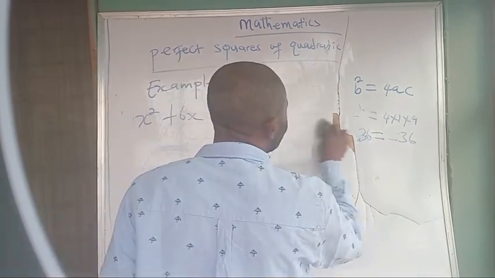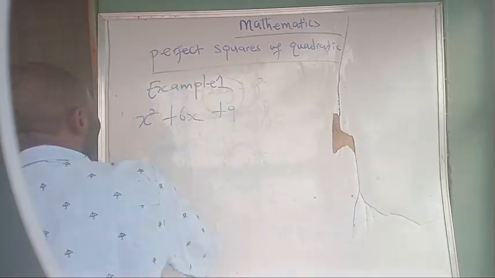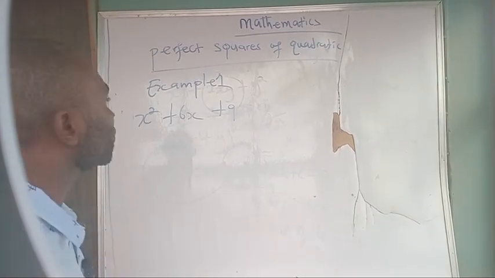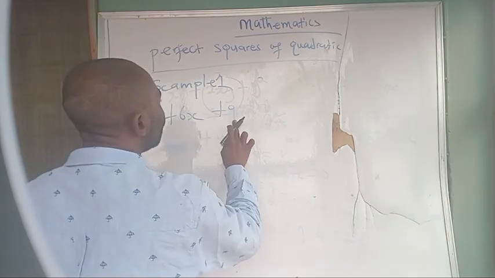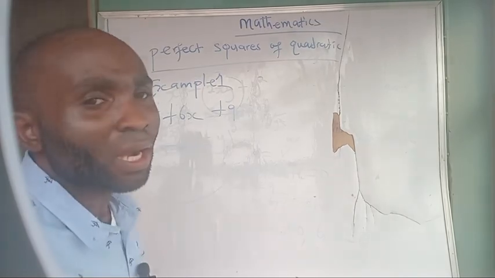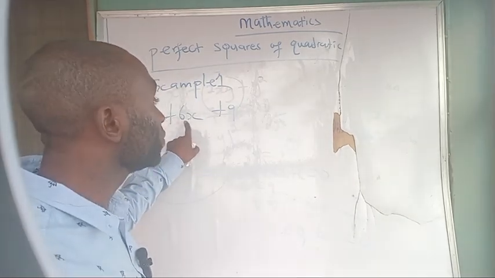So that has been satisfied, and again we can still check it by using, if you take the square root of the last term and the first term, you multiply it by 2, it should give you the middle term.